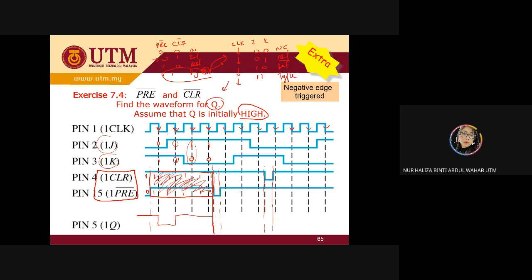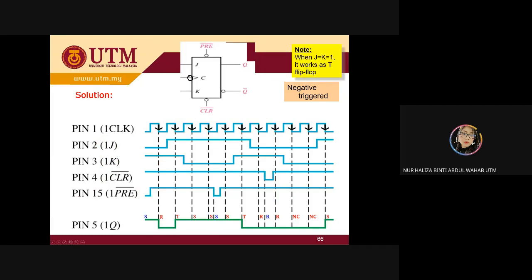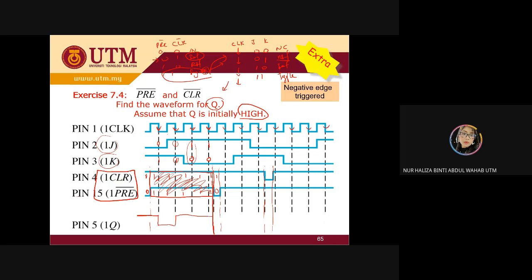And I have changes at my clear and pre. Now my pre is 0, my clear is 1. 0, 1, it will be set. So I continue for set there.